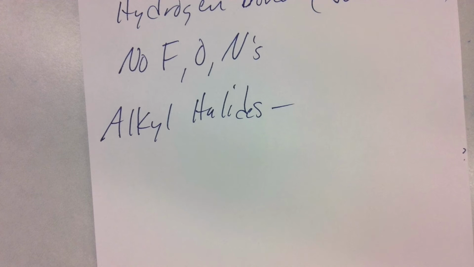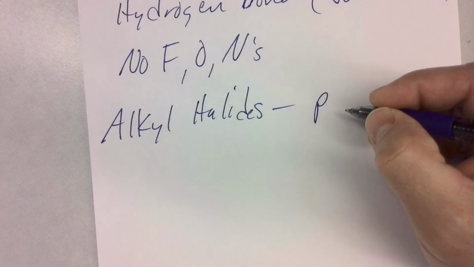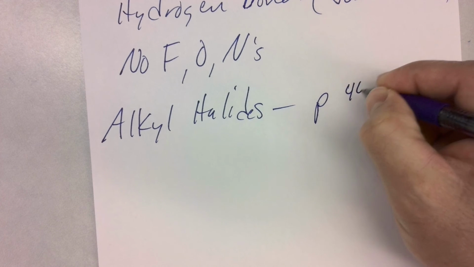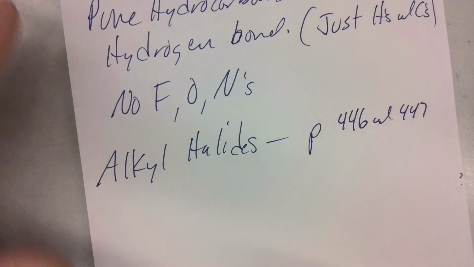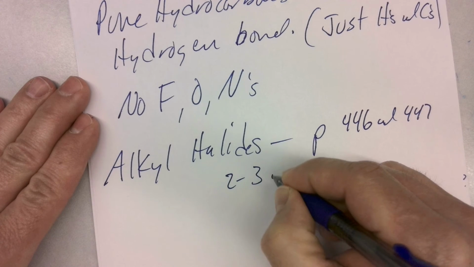What were the ones I said we see the most? Fluorine, chlorine, and bromine are the ones you're going to see. I actually wrote this down. This is on pages 446 and 447. I think there are 2 to 3 of these.